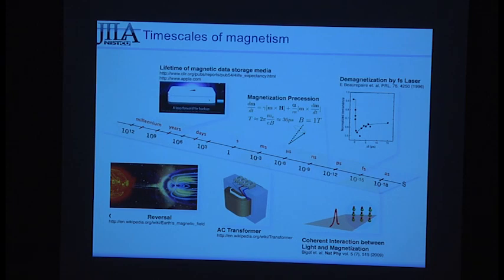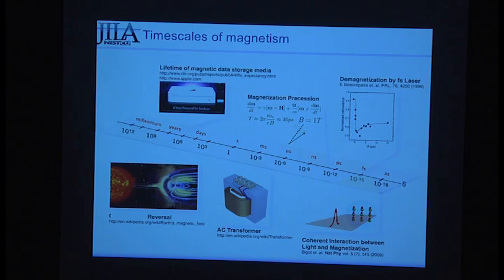But until about 22 years ago or so, people thought that the fastest motion in a magnetic system might be the precessional motion, which is on picosecond to nanosecond time scales.